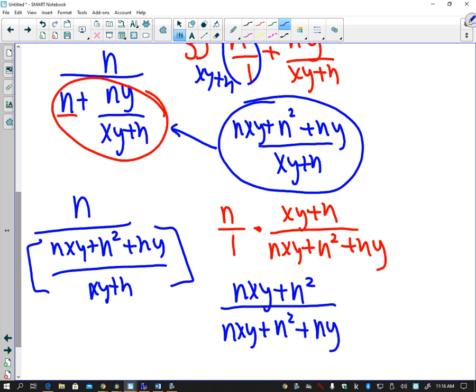To answer the question that was asked earlier, do we have to simplify the final answer? Yes. What exists in every single term? An n. So we're going to take an n out of everything, and I'm going to get xy plus n over xy plus n plus y.